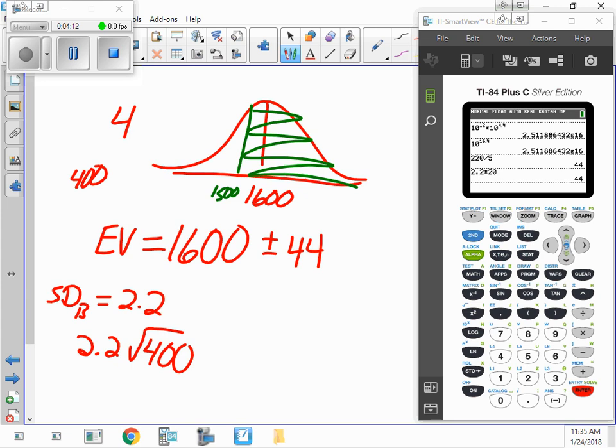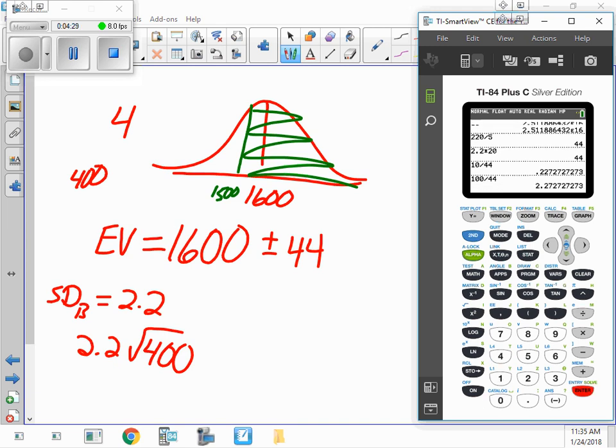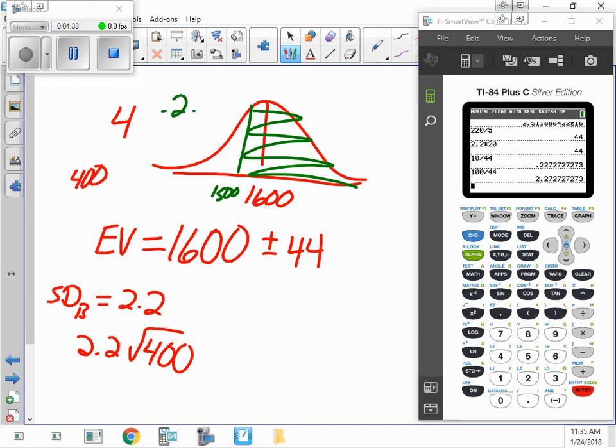Okay? So how far off am I from the expected value? 100. And then 100 divided by the SE will tell me my z-score. Oops. So my z-score is negative 2.2. It's okay. You got the same answer. Did you shade to the left or the right?